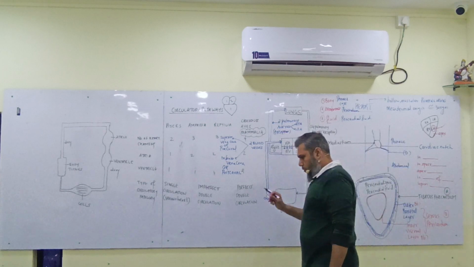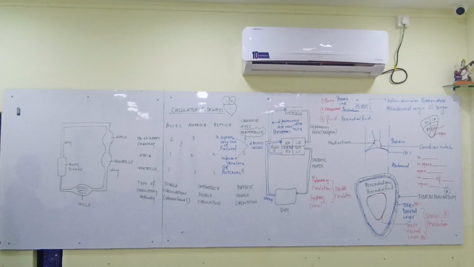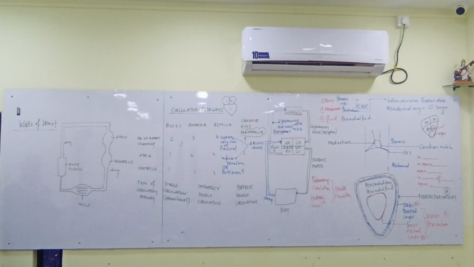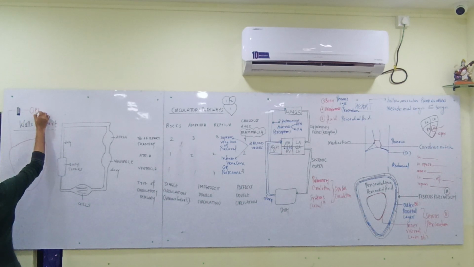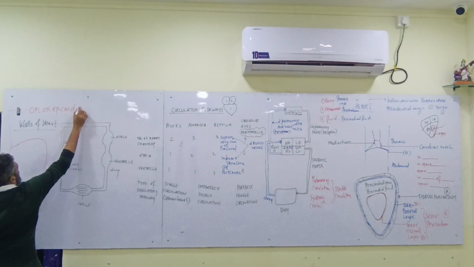Further, let us take out that heart and discuss the walls of the heart. We are talking about the walls of the human heart. So, we have the outermost covering, which is called the outer parietal layer or the epicardium of the heart.